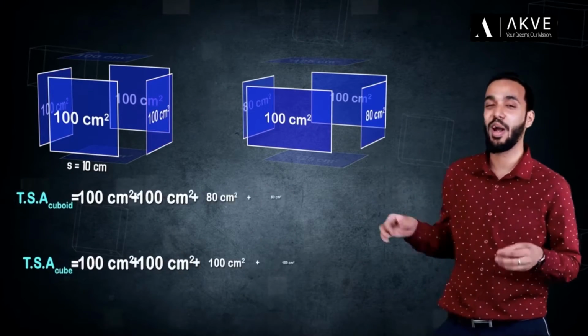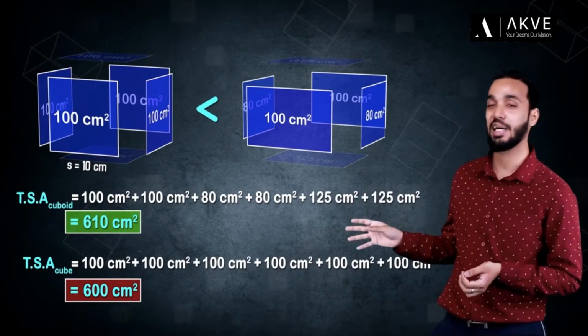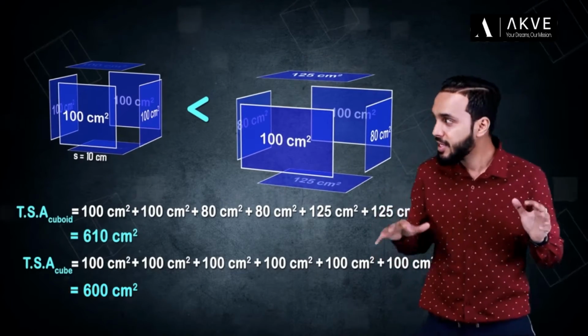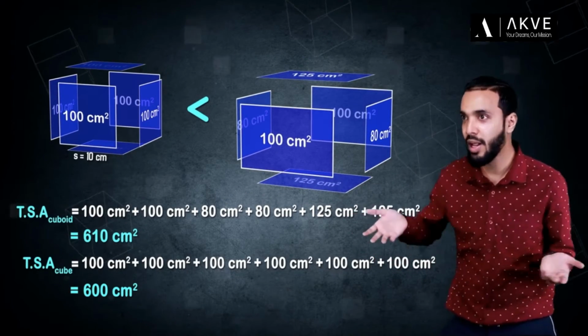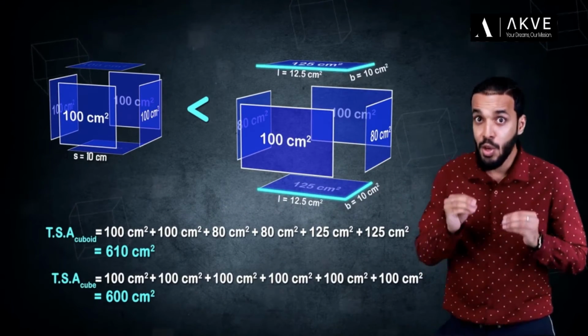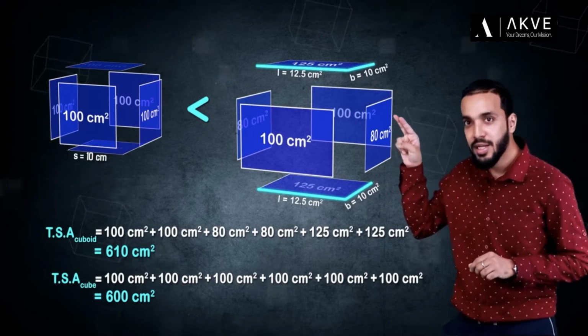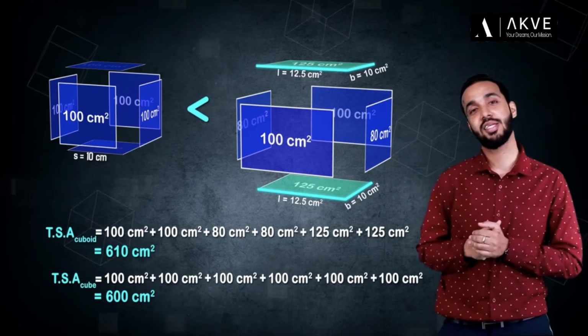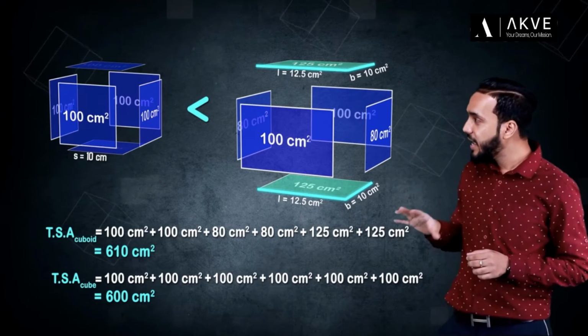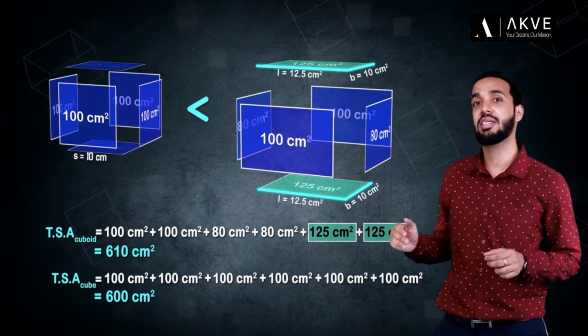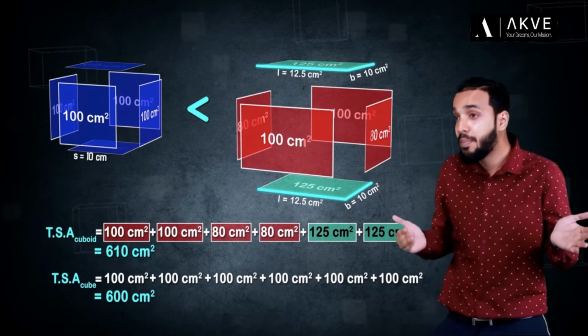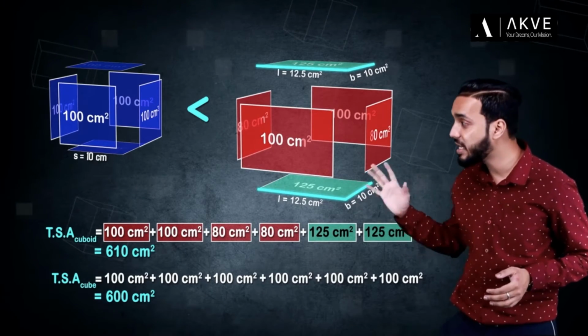However, the cuboid makes up for it in the total surface area. See, the longest edges of the cuboid are the length and the breadth, which make up the top and the bottom faces. So naturally, the areas of the top and the bottom faces are greater compared to those of the other faces.